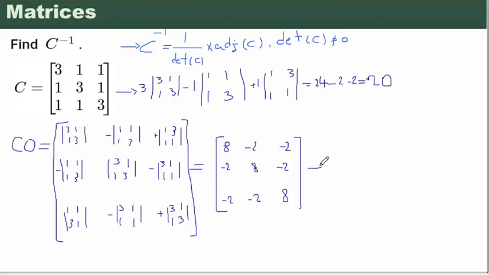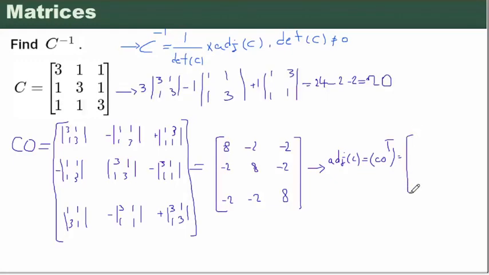Now I find the transpose of this matrix: I have to turn the rows to columns and columns to rows. So adjugate of matrix C equals the transpose of the cofactor matrix.